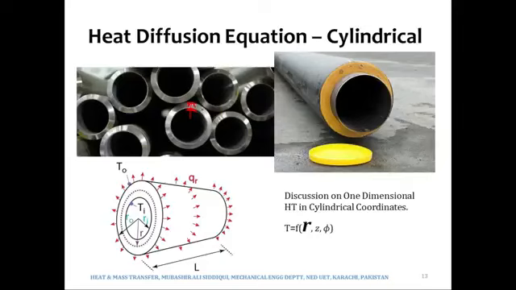So what does this mean? It means that at different radii the temperature has got different values. At inner radius it is 500, at outer radius it is 300, and in between it would be less than 500 and more than 300 degrees Celsius.